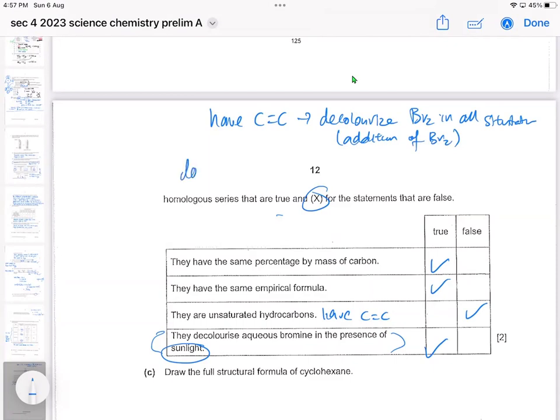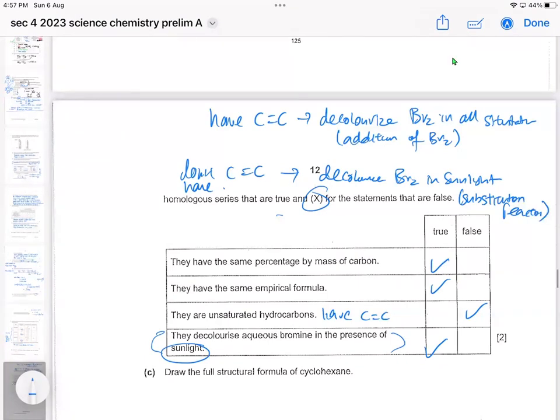But what if you don't have a CC double bond? It will still be able to decolorize bromine, but only in the presence of sunlight. This is not addition, this is substitution. Substitution reaction.